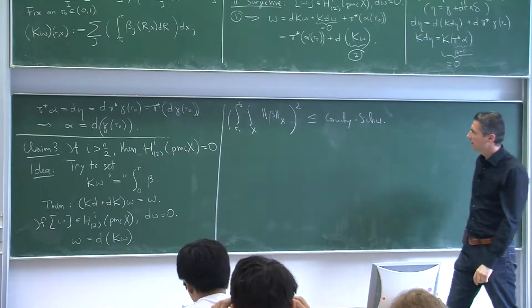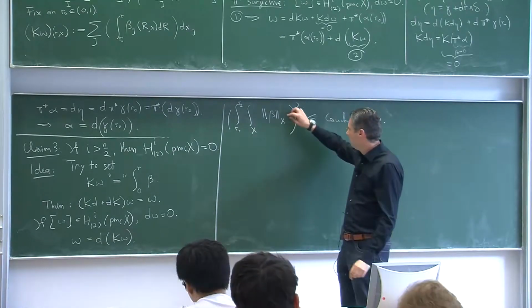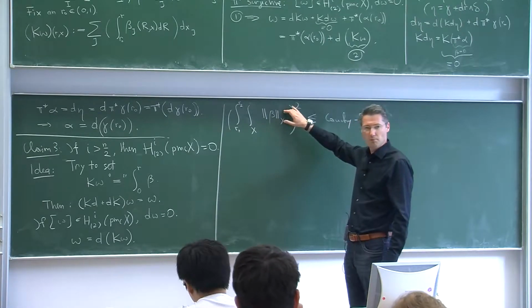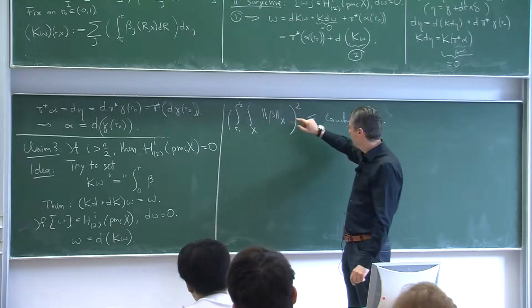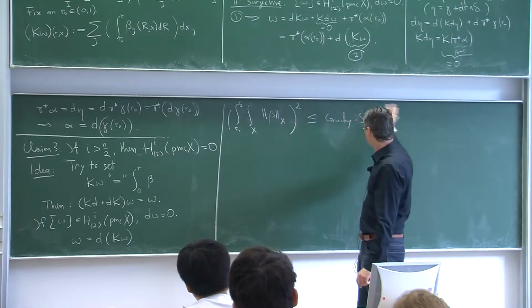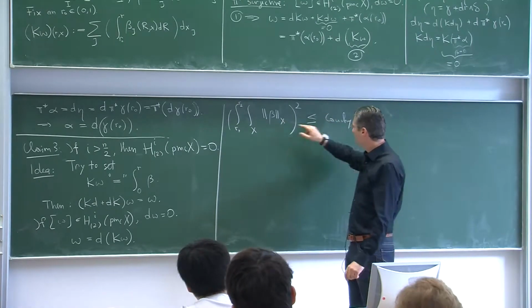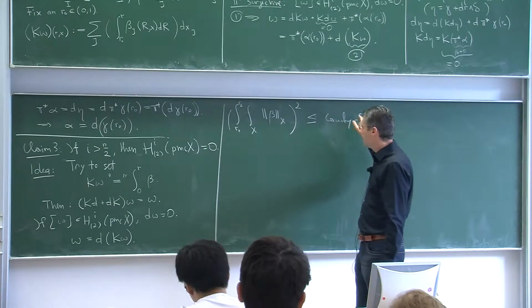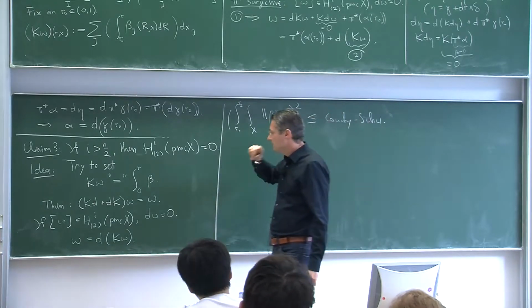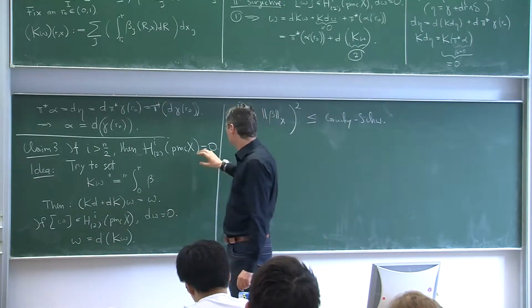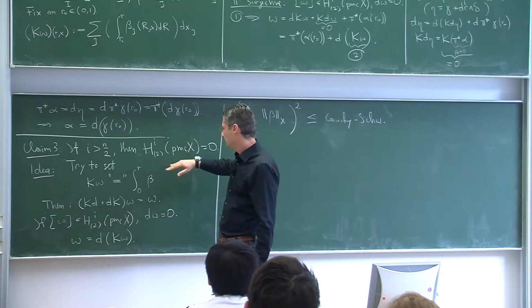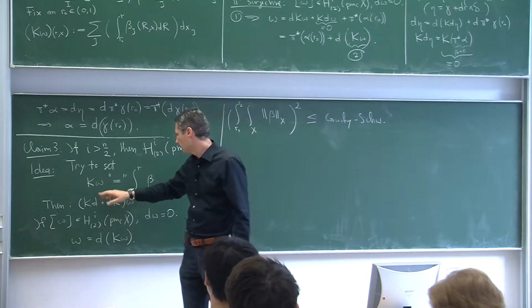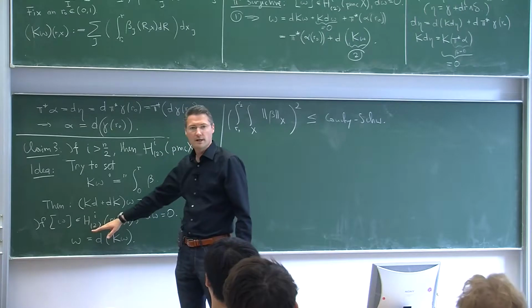Cauchy-Schwarz inequality, where you put in some power of r, right? And then you get a product of two terms, one of which involves the norm of beta x squared, and you see that that's finite because, after all, you start with a form that is known to lie in here.